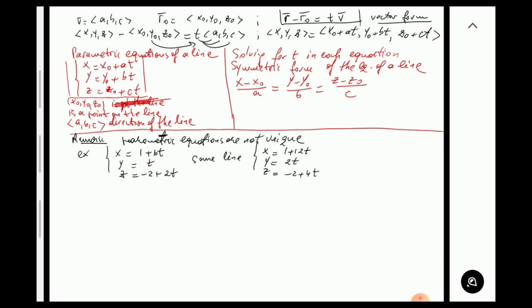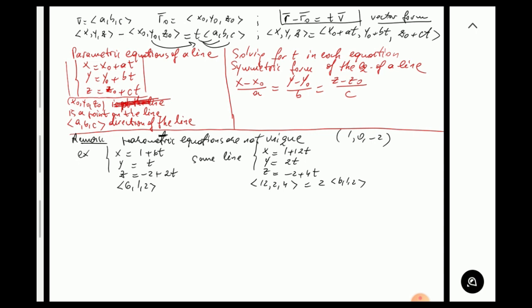It emphasizes the same initial point. So the initial point on the line that you used is 1, 0, minus 2. But the direction vector, in the first case, is 6, 1, and 2, right? The coefficients of t. And the direction vector in the second case is 12, 2, and 4. But obviously, it's a scalar multiple of the first one, so it doesn't matter.